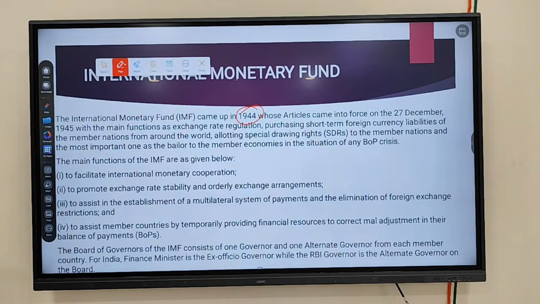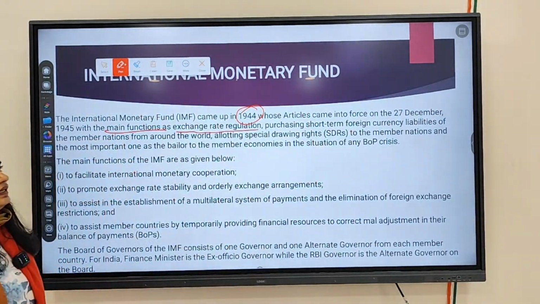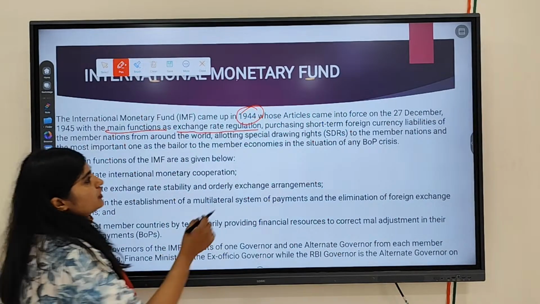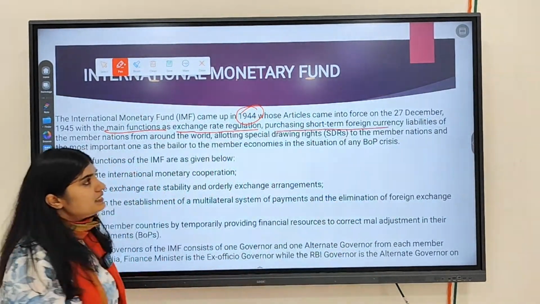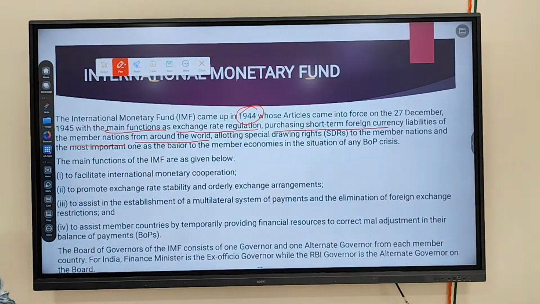What is the function of the IMF? The main function is exchange rate regulation. Whatever exchange rate there is, when you convert US dollars into rupees and into euros, that exchange rate regulation is made by the IMF. Then, purchasing short-term foreign currency liabilities of the member nations from around the world. If any nation is short of currency, the IMF will purchase on its behalf and help them.